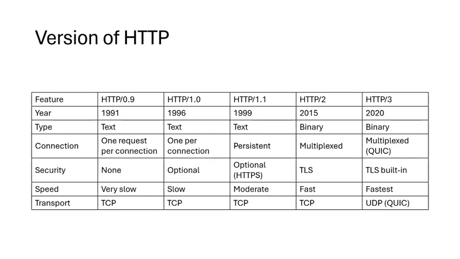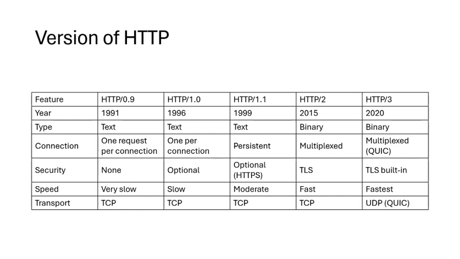When it comes to speed, HTTP/0.9 is very slow, 1.0 is slow, 1.1 is moderate, 2 is fast, and currently HTTP/3 is the fastest. When it comes to transport protocols, the earlier versions used TCP. Now HTTP/3 is using UDP. That's it.